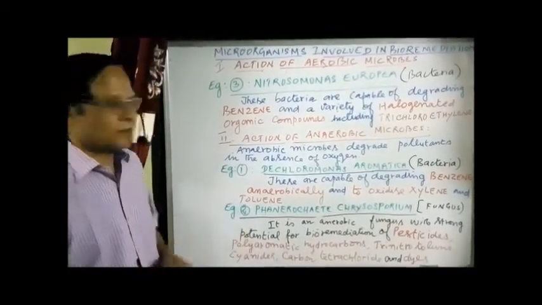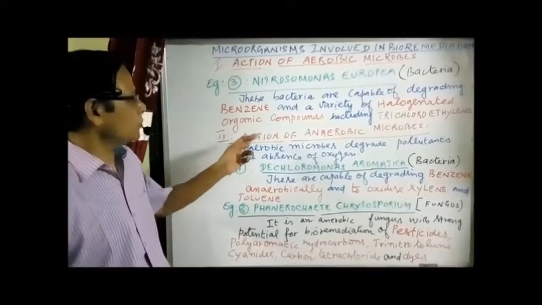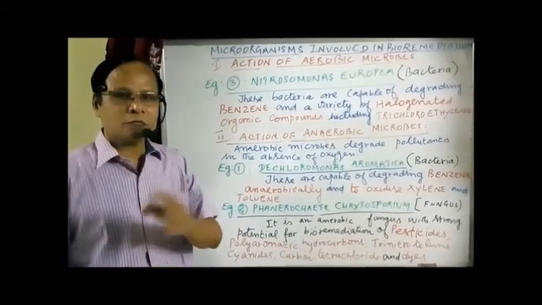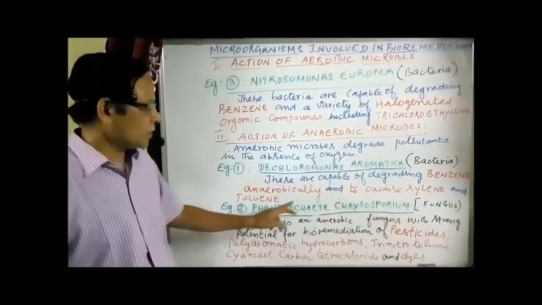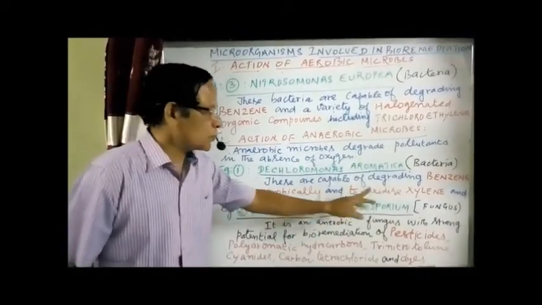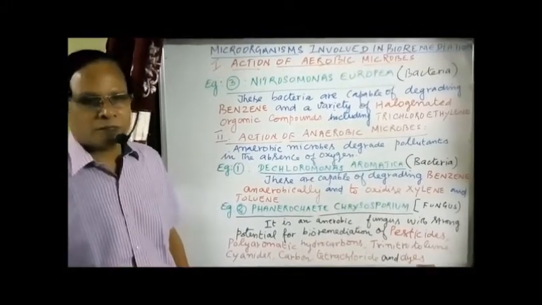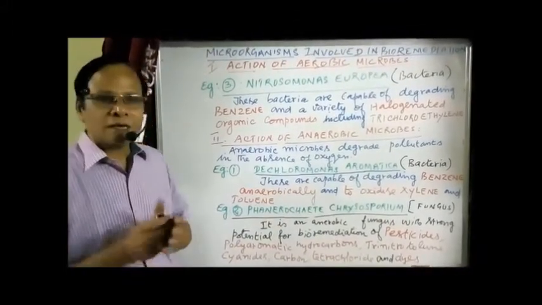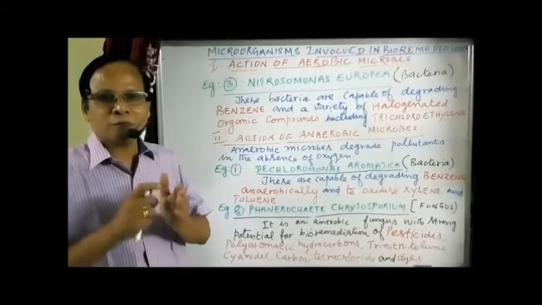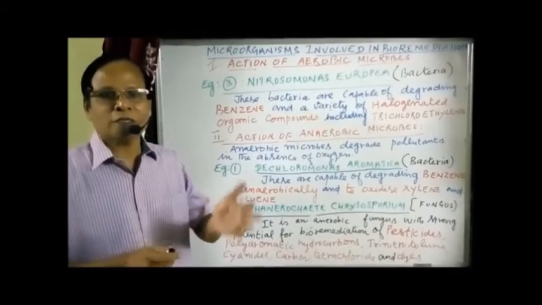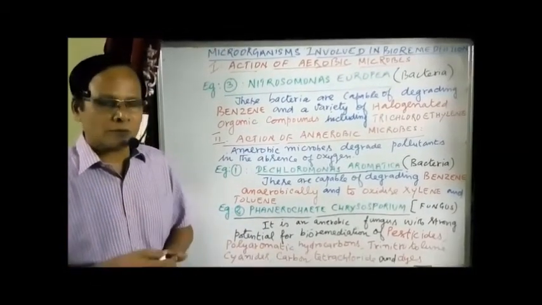Now the second example of an anaerobic microbe which degrades pollutants, Phanerochaete chrysosporium. It's not a bacterium, it's a fungus. So it is an anaerobic fungus which has the potentiality of biodegradation of a variety of compounds.